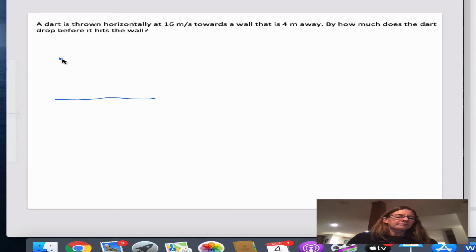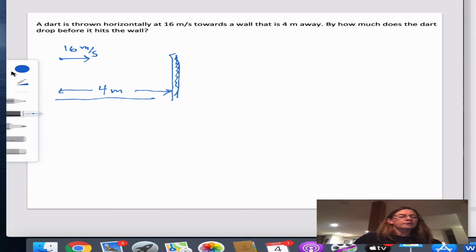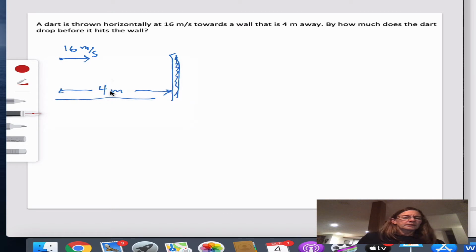In this case, I have a dart that's being thrown horizontally, initially at 16 meters per second, so I'm going to label that. And it's being thrown towards a wall that is 4 meters away. It's also helpful to sketch the path of the object. And we know that the path of a projectile is a parabolic path, so it might look something like this.